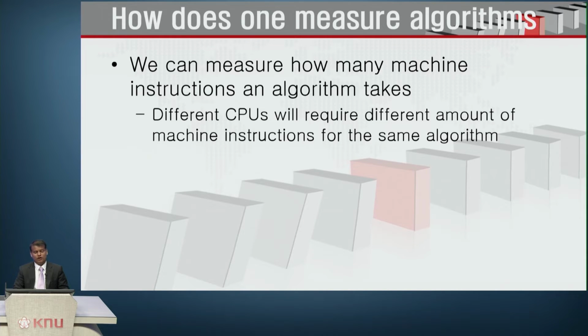But if you are comparing the same algorithm today on your computer, of course computers are much faster than in the 1990s, so this comparison is not even. Definitely today's machines work much faster than those of the 1990s, even the 2000s, much faster than computers available in 2005 or 2010. Yes, different CPUs will require different amounts of machine instructions.